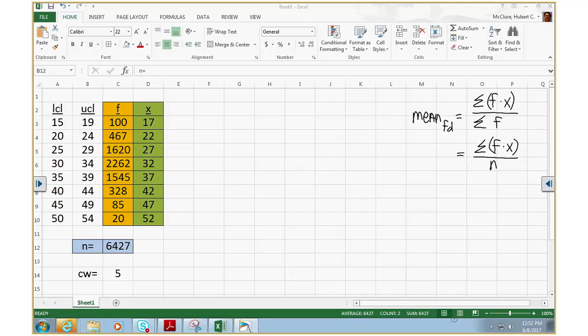So that means that you've got to take F and X and you've got to do what? Read the formula. The formula will tell you what to do.